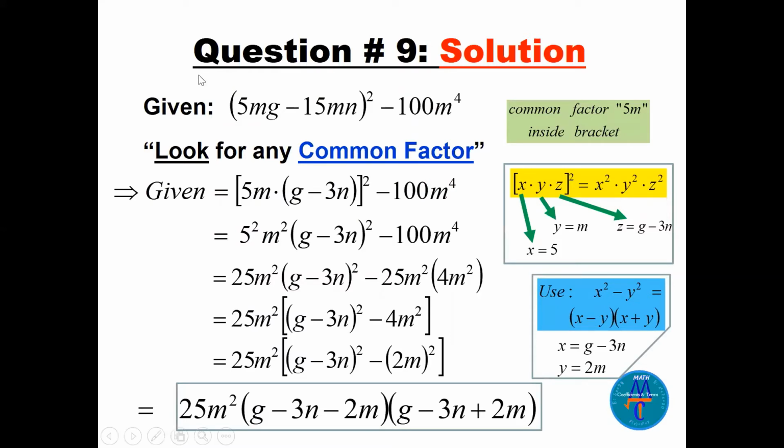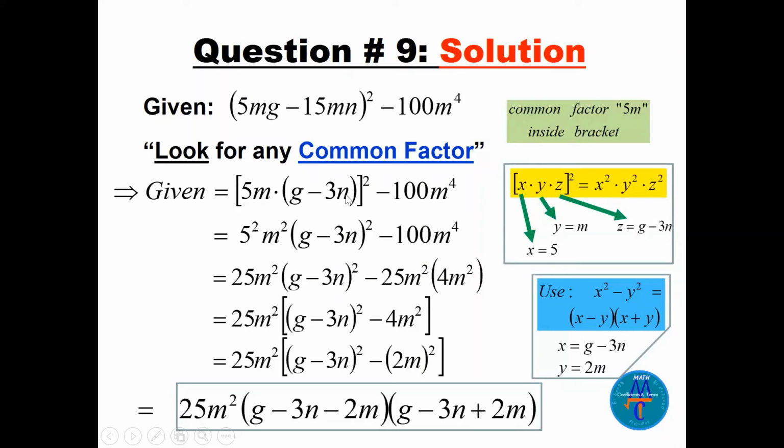Look here. That's the question. Common factor 5m inside the bracket. That's the little trick here. So 5m, you see 5m, g minus 3n inside the bracket, with the squared outside the big bracket. So now you can say, second point here, x times y times z. If you have squared or any power, since we have only a multiplication, it will be x squared, y squared, z squared.